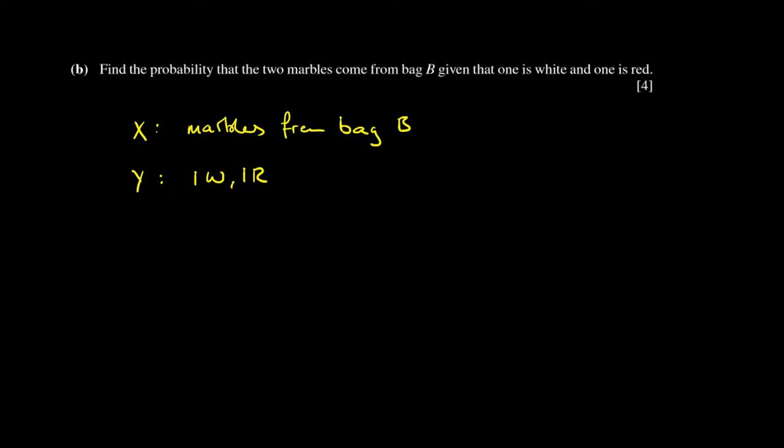Okay, so we want to find the probability of event X, which is the 2 marbles come from bag B, given event Y, which is that 1 is white and 1 is red. And hopefully you can recognize that we're finding conditional probability, so we can use this formula. The probability of X given Y is equal to the probability of X intersection Y, so the probability of both X and Y happening together, divided through by the probability of Y.